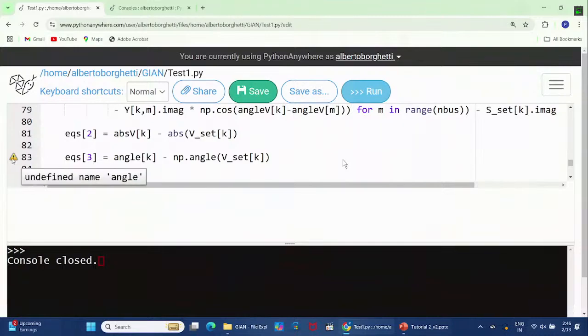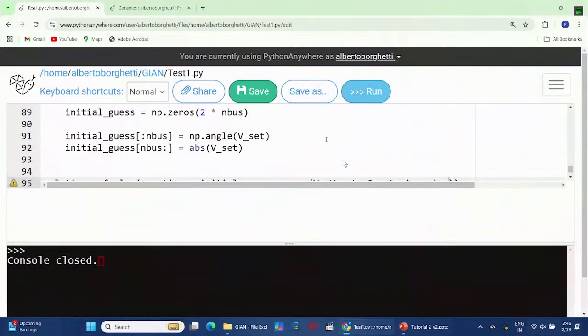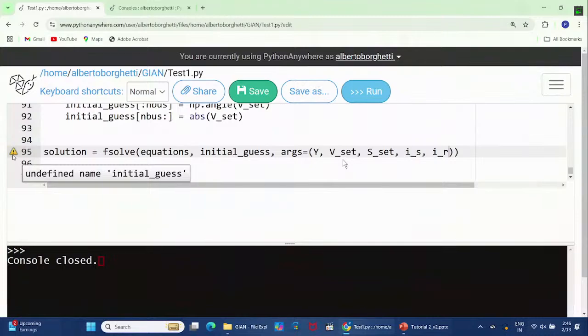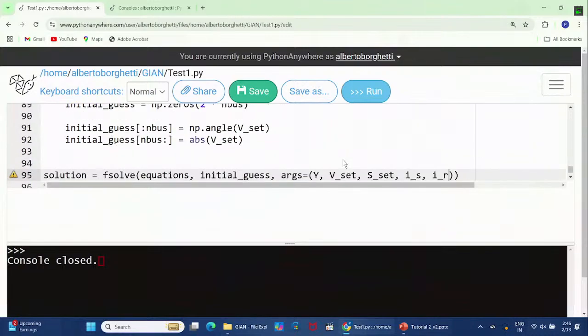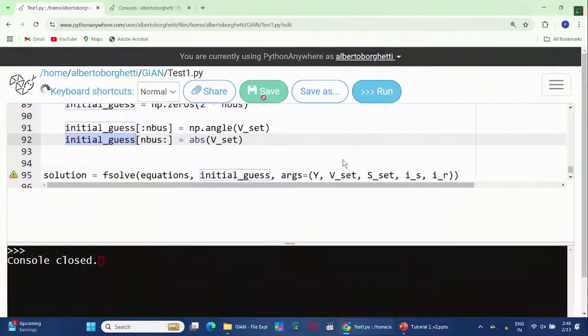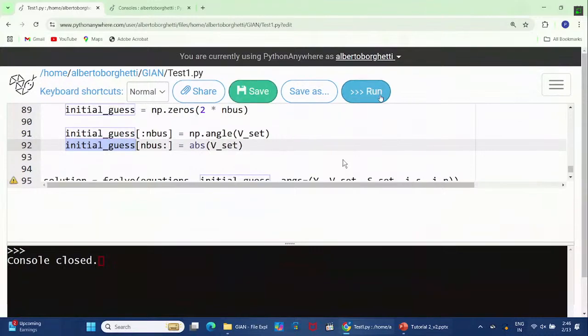Still complaining, name undefined angle. Why? I will try to run. At this point, undefined initial guess. Undefined initial guess, but it is here. I've written it in the same way, so it is defined. So I will try. See?